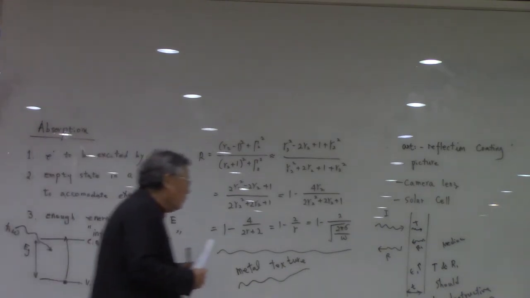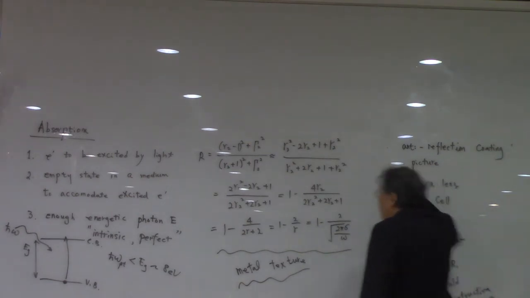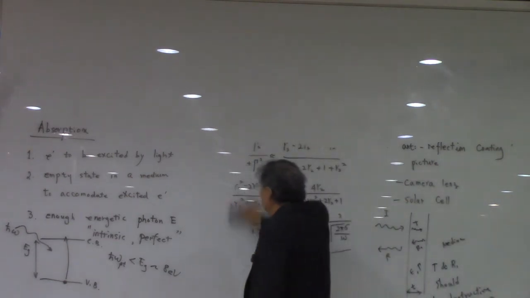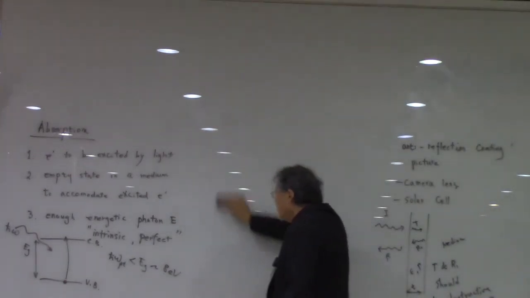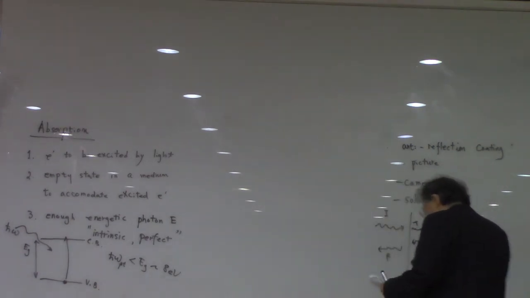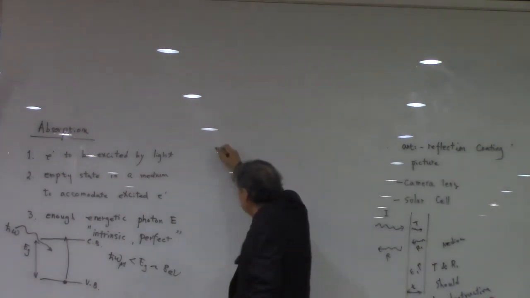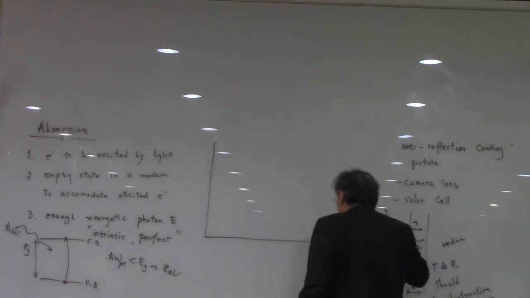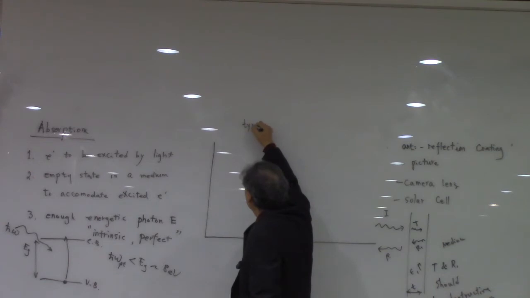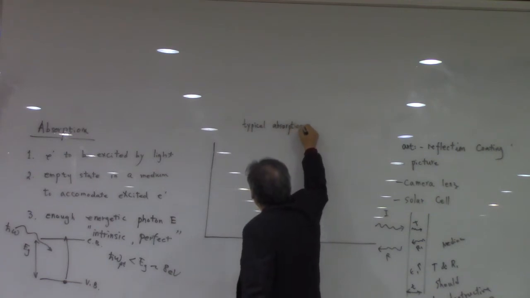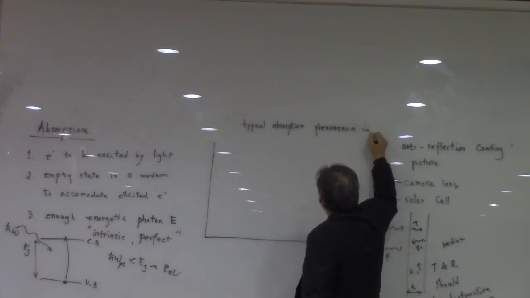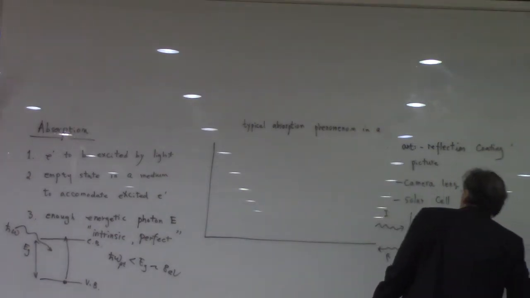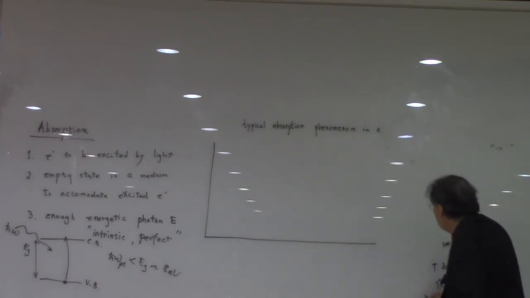On this principle, we can discuss the absorption in a material which is not really a perfect single crystal. So this is the typical absorption phenomenon in a semiconductor.